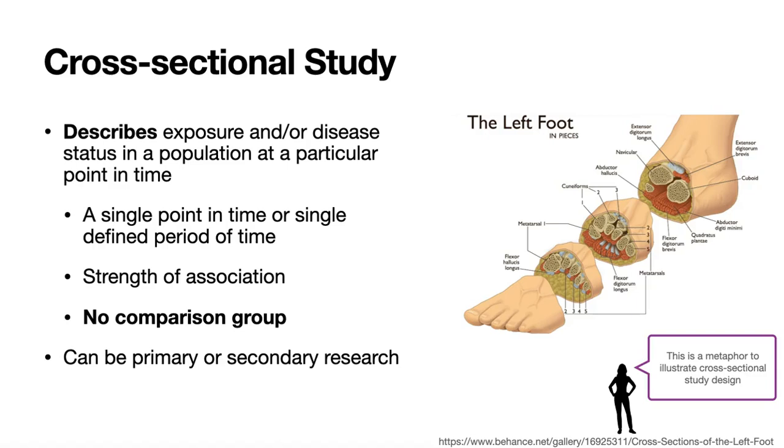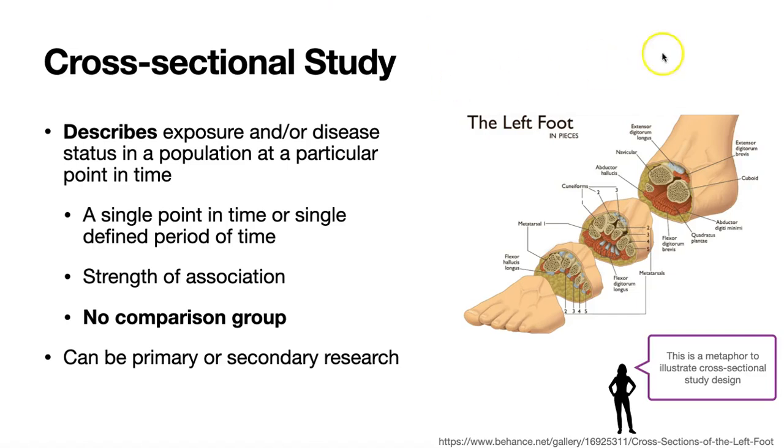So today we're talking about cross-sectional studies, and remember, a cross-sectional study is a study that describes an exposure or disease status in a population at a particular point in time. This particular point in time can be a single time period or a single very well-defined time period. What we're looking for is an association between things that occur in the same slice of time.